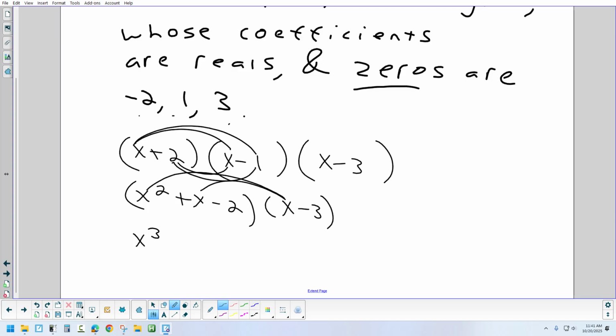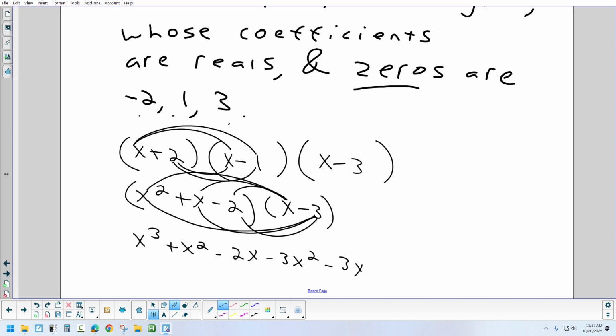What's x times x? X squared. And what's x times -2? -2x. And now distribute your -3. -3x squared minus 3x. And -3 times -2 gives me +6.